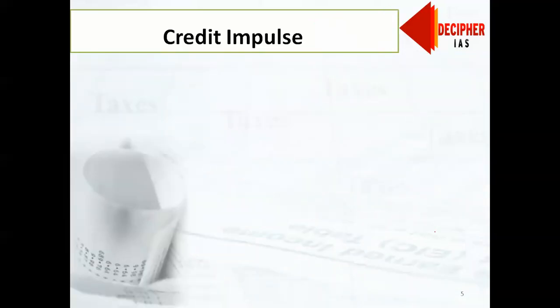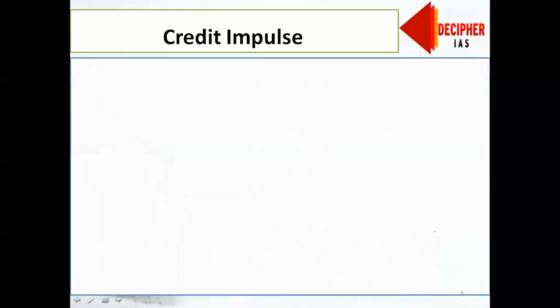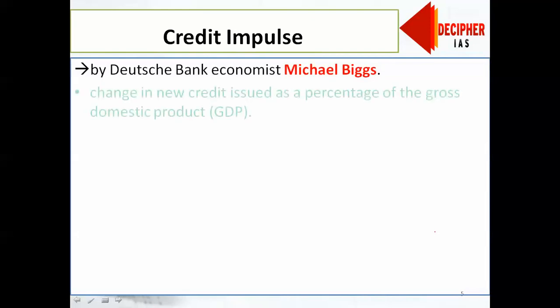Now, what do you mean by credit impulse? It is given in the box in the Economic Survey. The credit impulse concept was given by Michael Biggs, who is an economist at Deutsche Bank. So what do you mean by this? It is the new credit change issued as a percentage of the gross domestic product.